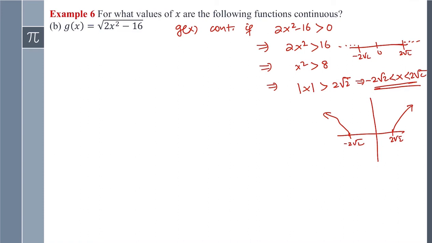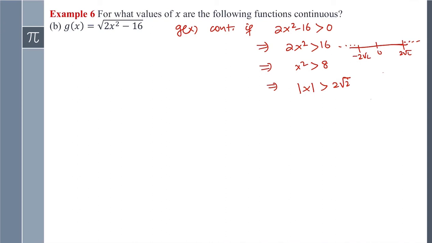Sorry, it's not that one. It is this. So from here, it's these values. So x is less than -2 square root of 2 and x is greater than 2 square root of 2. Okay, so that is the interval. We know that.